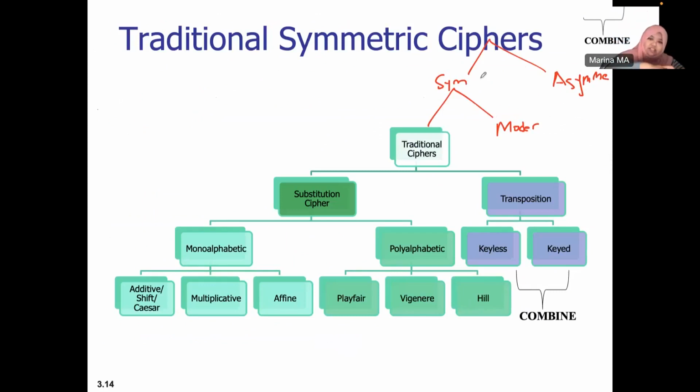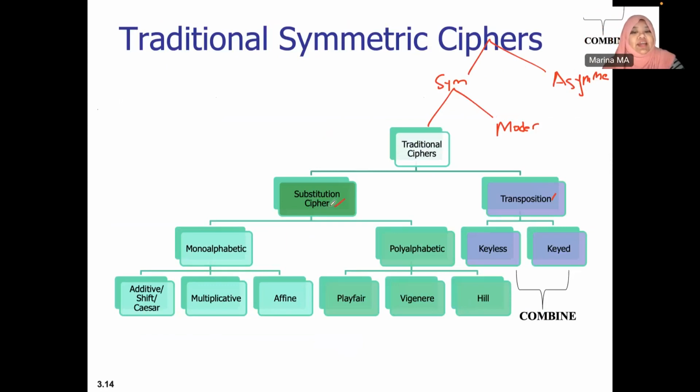Then we have traditional cipher and modern cipher. Under traditional cipher, we have substitution and so on. I hope this will also help you understand cryptography better. Traditional cipher has two categories: first is substitution, second is transposition.